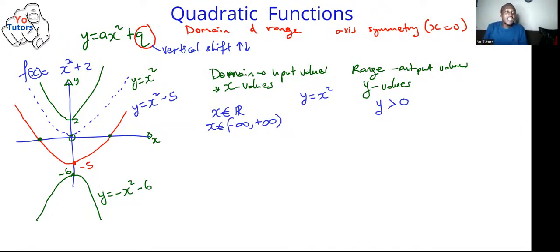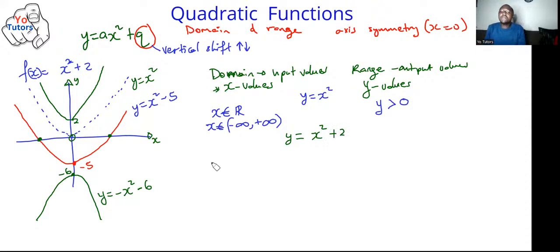Now, let's go to the next equation. Let's have y equals x squared plus 2. Let's talk of the domain for this one.